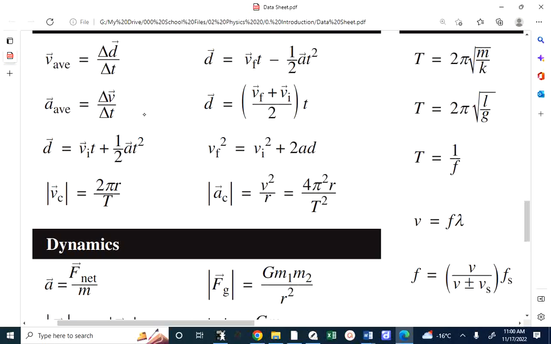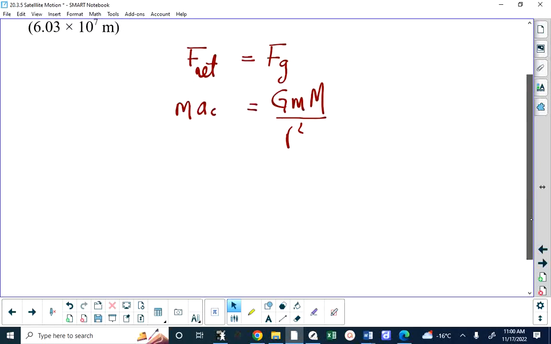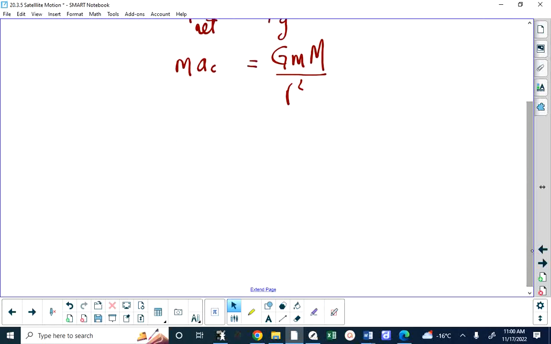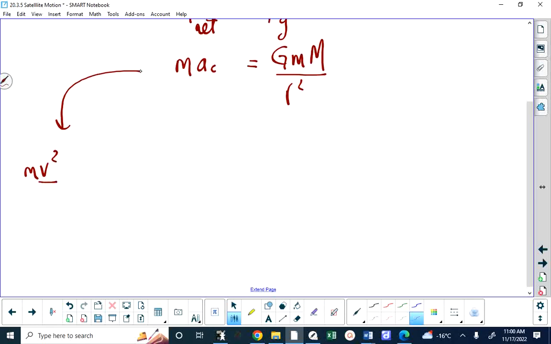And we need to be a little crafty and clever here about which one we're going to use. On the one hand, I could do this: m times v squared over r equals GMM over r squared. Or I could do this.